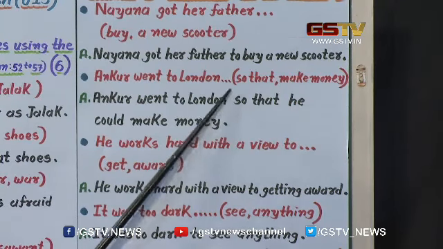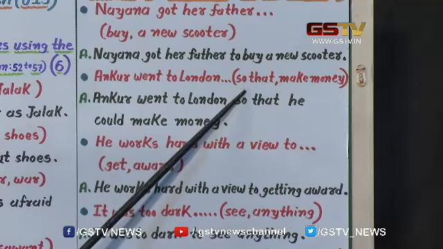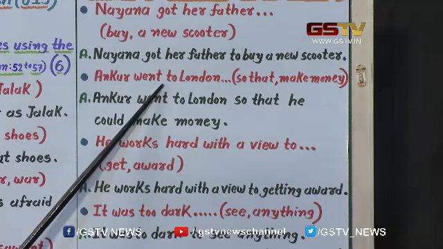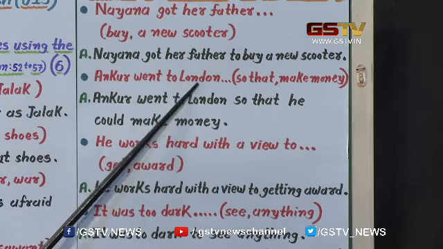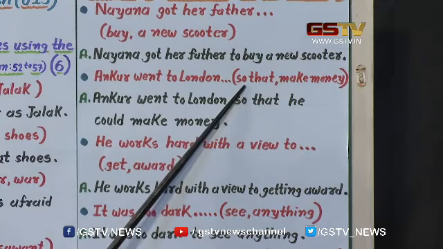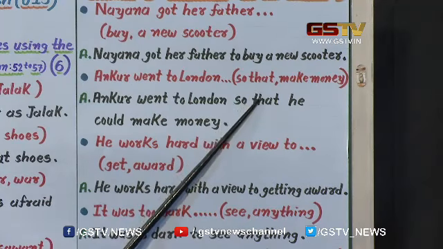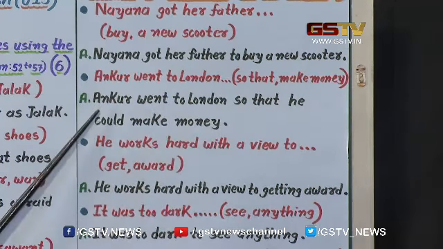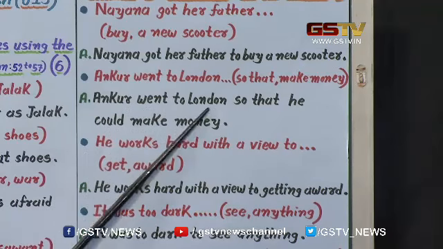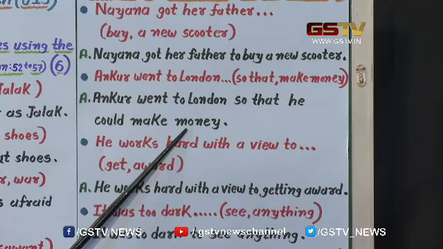As soon as you see in the brackets, here is one clue, so that, and it shows that the sentence should be in the form of adverb clause of purpose, and those rules should occur in your mind. So that, then subject, then modal verb, then other words. How will you complete? Ankur went to London so that he could make money.